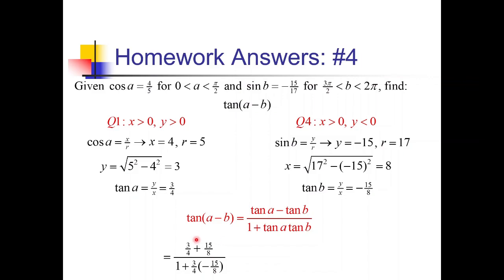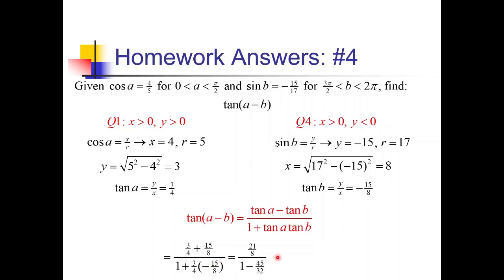So in the numerator, we need a common denominator to add these together. So if I just multiply this first fraction by 2 over 2, I can think of this as 6 over 8. And adding that to 15 over 8 would give me 21 over 8. In the denominator, we've got 3/4 times negative 15/8. So that's going to be negative 45 over 32.